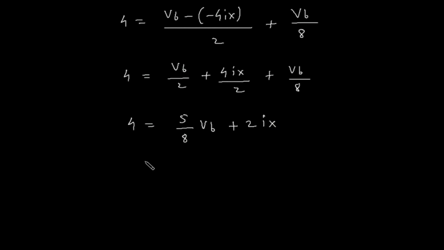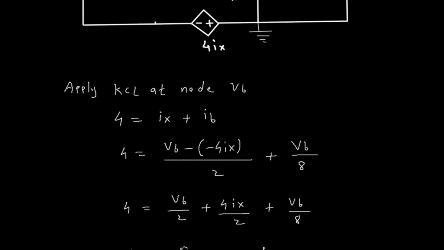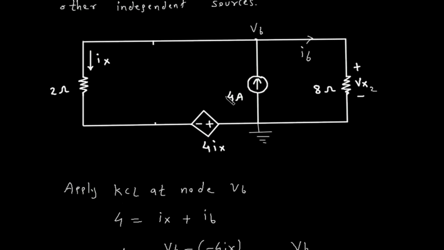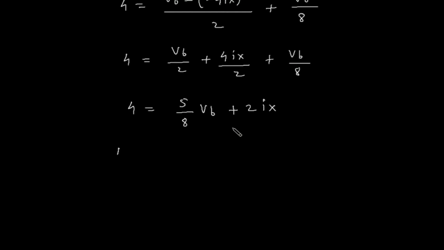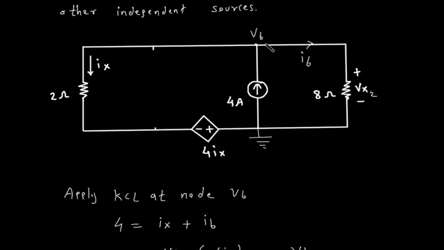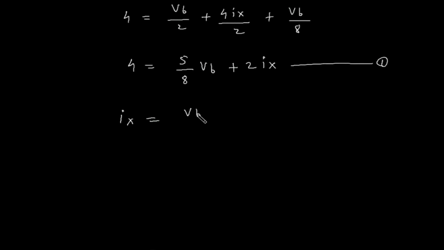So you have to write one more equation. From that we can find the value of Ix. Let's say this is equation number 1. Also Ix is equal to Vb minus 4Ix by 2.